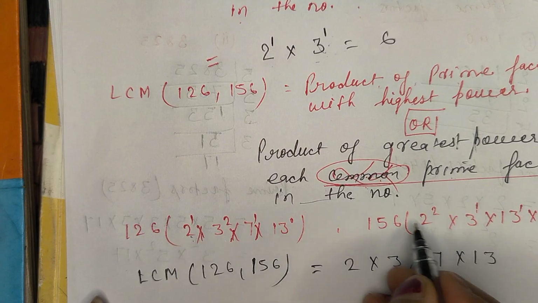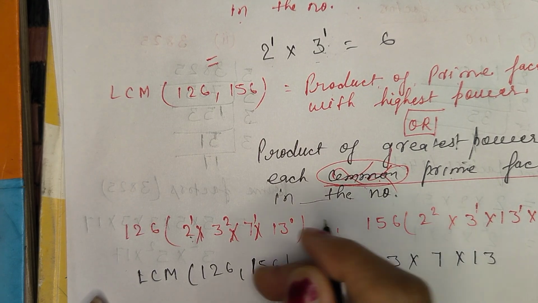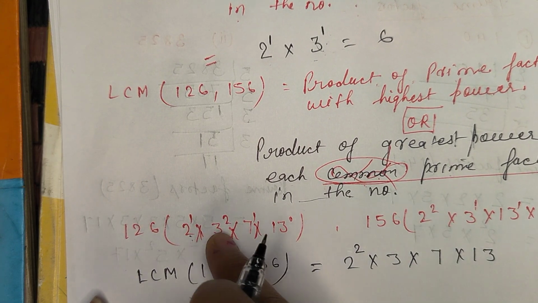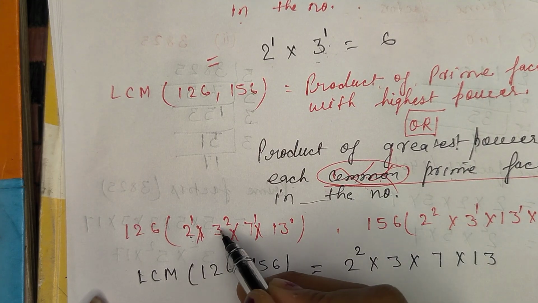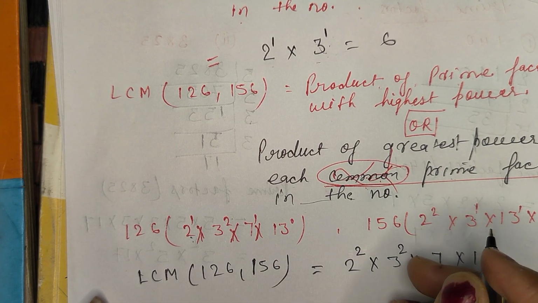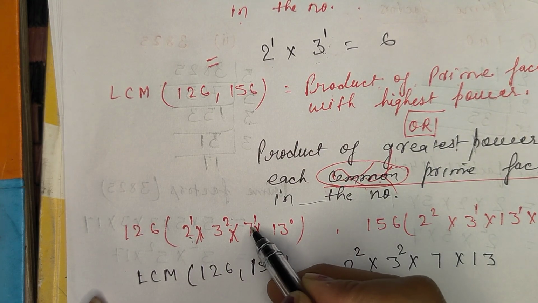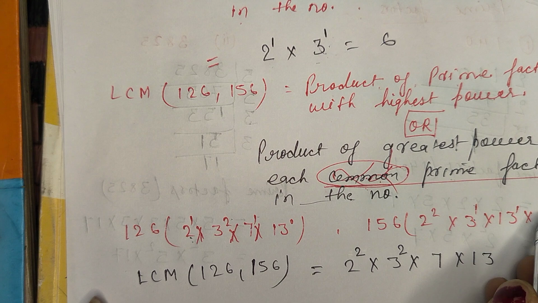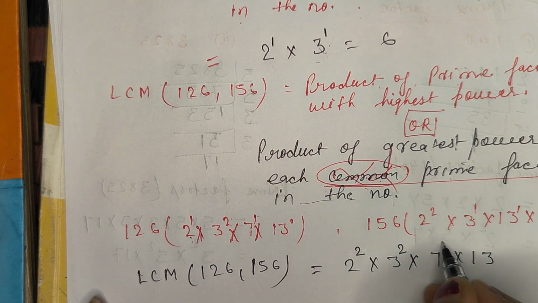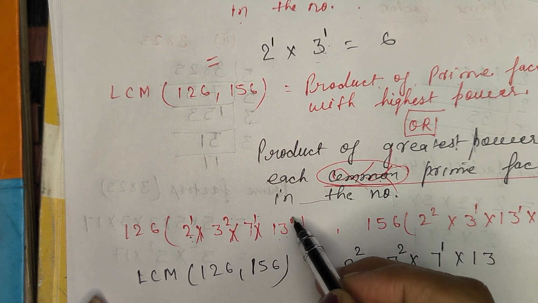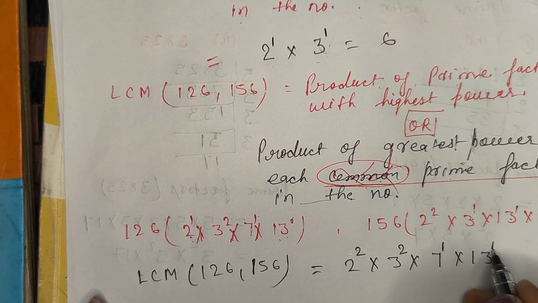Greatest power of 2 is 2, and for 3, here it is power 1 and there power 2, so we take 2 because the rule says greatest power. For 7, power 1 and power 0, so we take power 1. For 13, power 0 and power 1, so we take power 1.